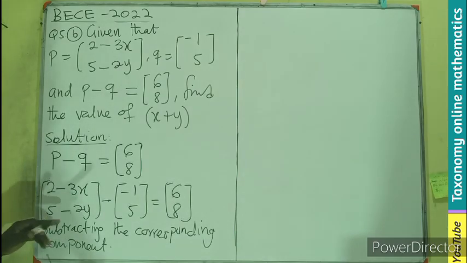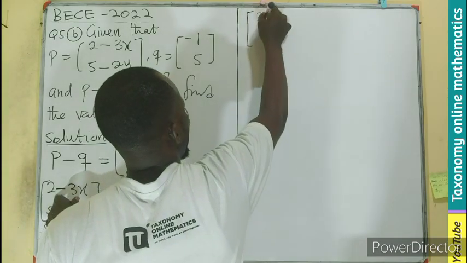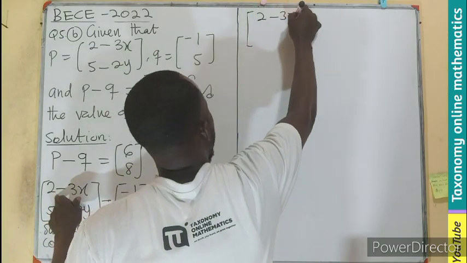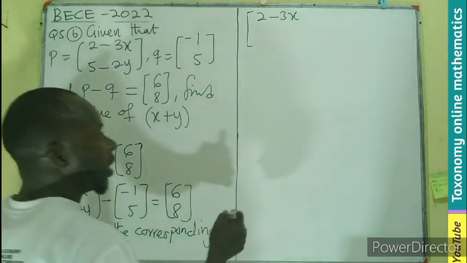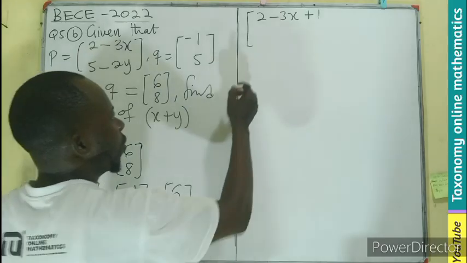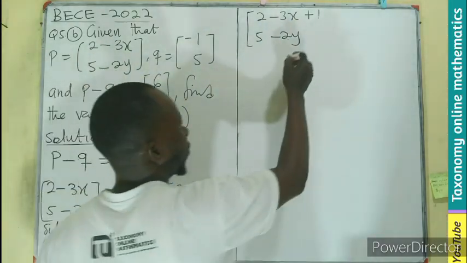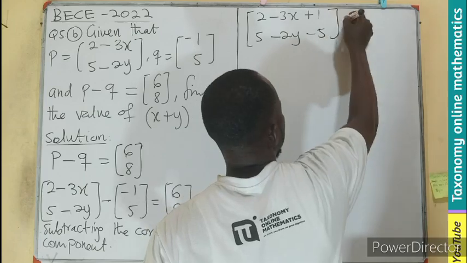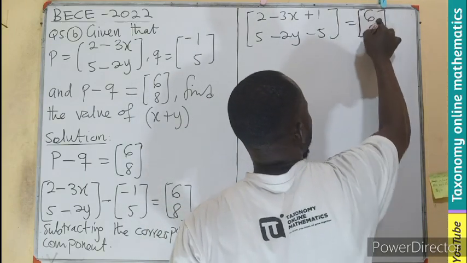So subtracting the corresponding components for the left-hand side will mean that we'll be having 2 minus 3x, this is minus negative 1, so negative will be plus 1. Then you have 5 minus 2y minus 5, still equals 6 and 8.